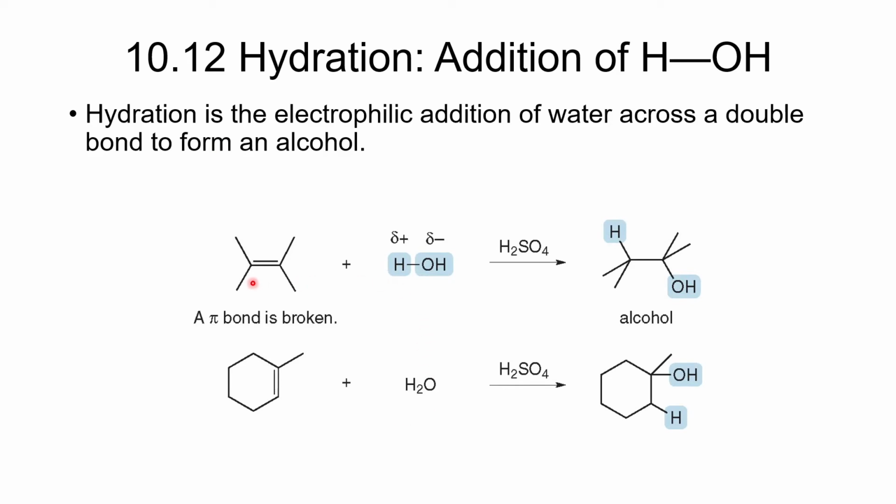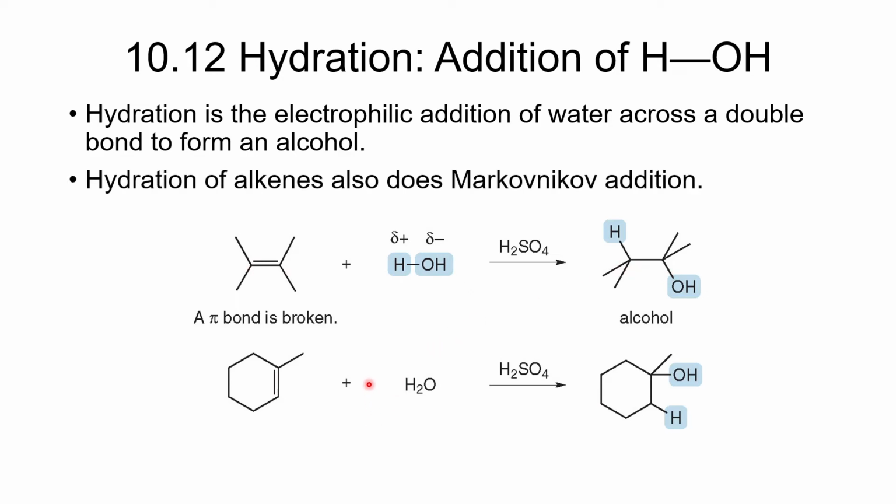So here we're going to add hydrogen to one of the carbons, OH to the other carbon, and we will get an alcohol. We'll find that hydration of alkenes also does Markovnikov addition. So the hydrogen goes to the carbon with the most hydrogens. Since this one has one hydrogen, the hydrogen will end up there, and we'll now have two hydrogens. By the way, one of those hydrogens is implied in this drawing.